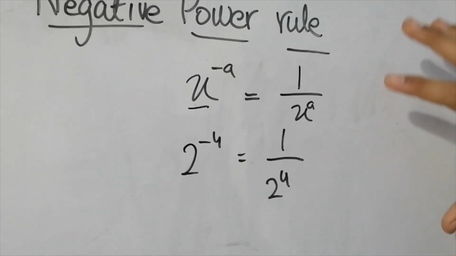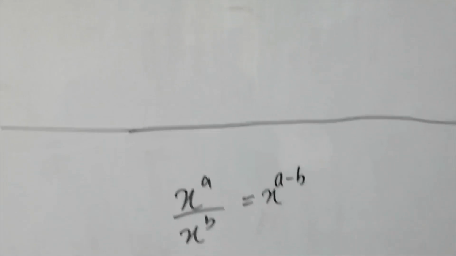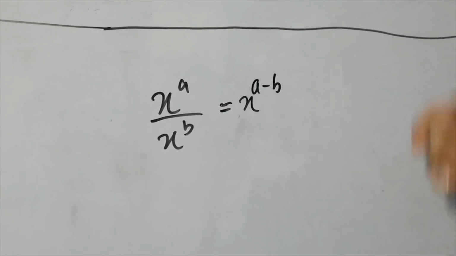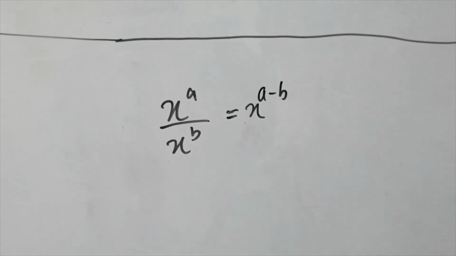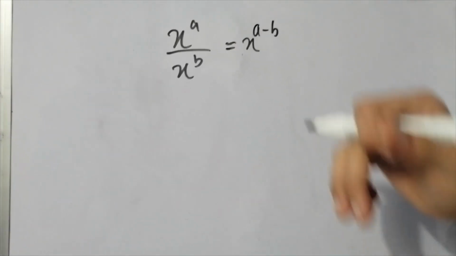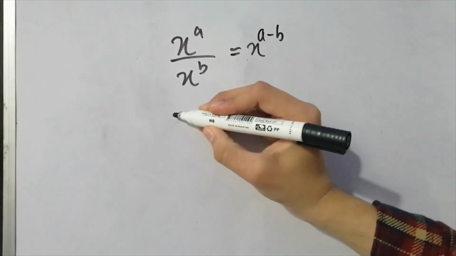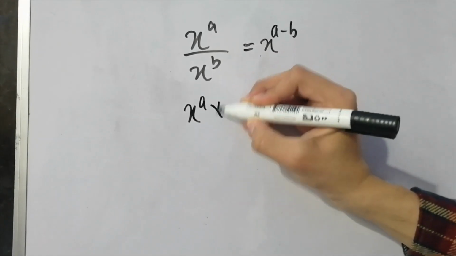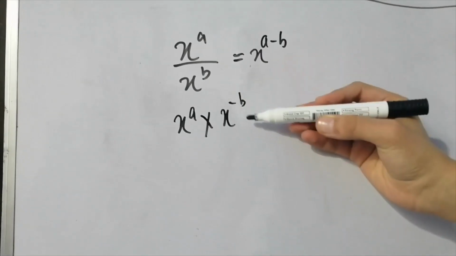We can actually use this negative power rule to prove a previous rule that we discussed, which is the division rule, using the multiplication power rule. Let me explain so it's not so confusing. We can write x power a divided by x power b as x power a into x power minus b, because 1 over x power b is the same as x power minus b.